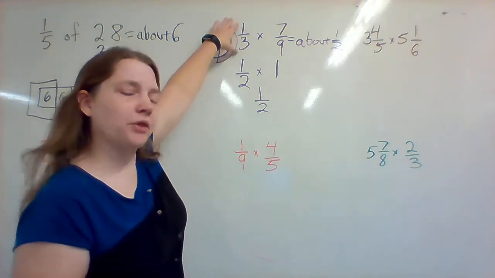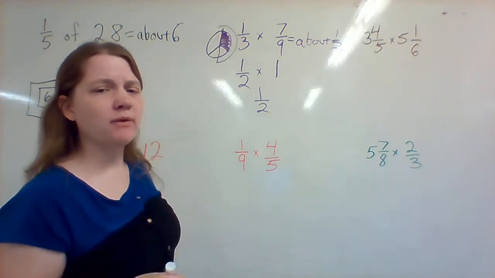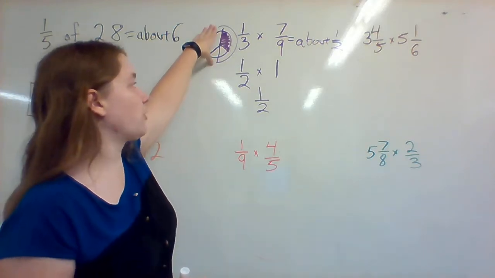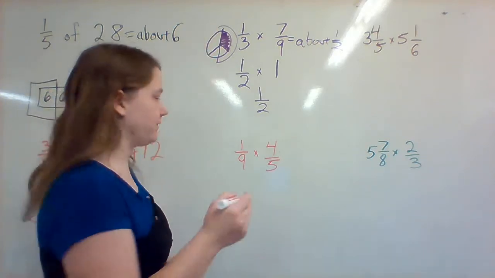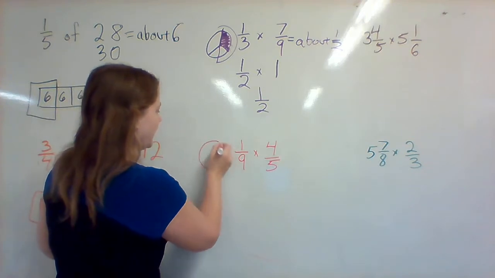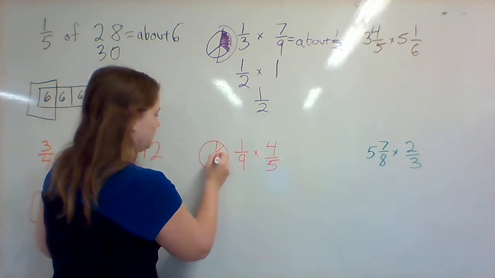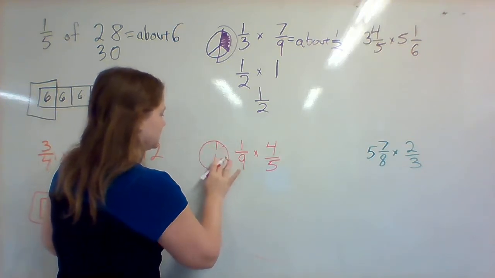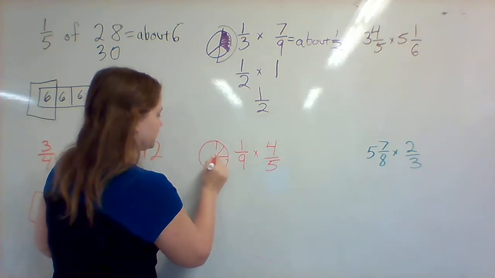When I had 1/3 up here, I rounded to 1/2 because 1/3 is really close to 1/2. Let's take a look at 1/9 though. And of course, this is going to be a perfectly drawn fraction because ninths are super easy.